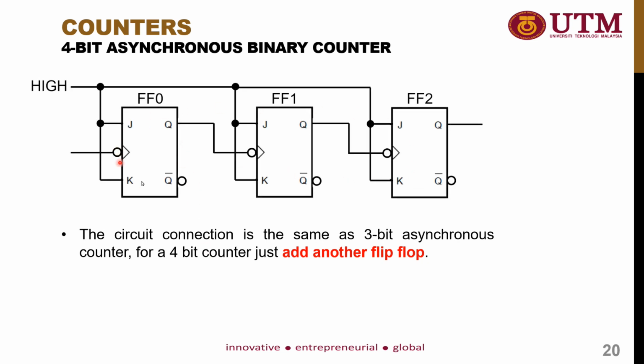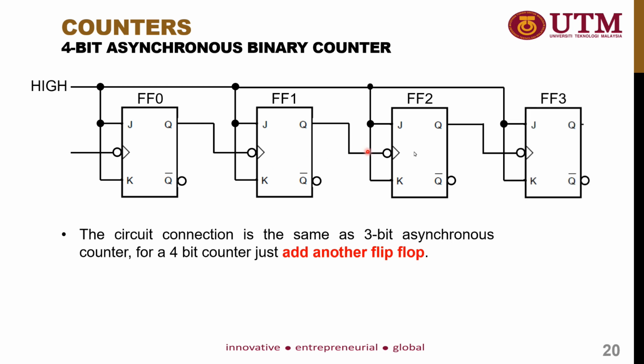This is the circuit of the active low edge triggered 3-bit asynchronous binary counter. But for 4-bit asynchronous, we can just add the next flip-flop, the 4th flip-flop. You see here, the clock has a bubble, so it is negative edge triggered.